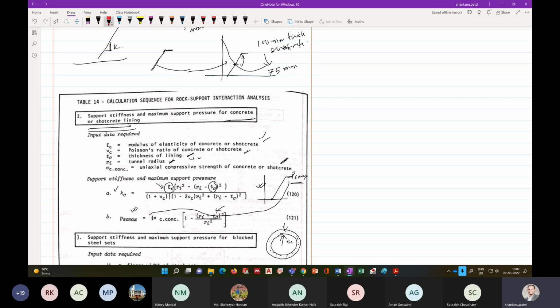Or maybe, in the second case, it is not just intersecting this. So you can delay this support installation time and then you can provide it here if you are okay with this much final displacement. So you can play with these things to stabilize the tunnel.